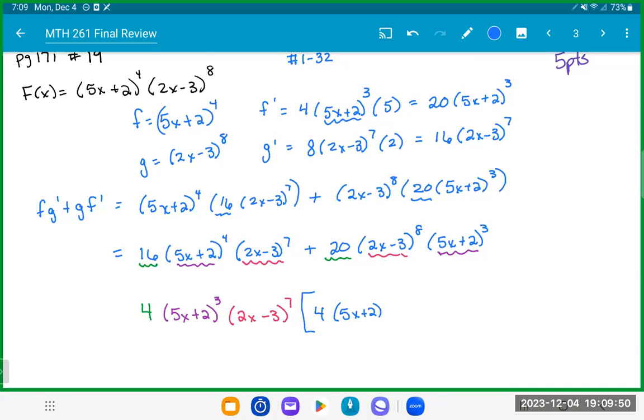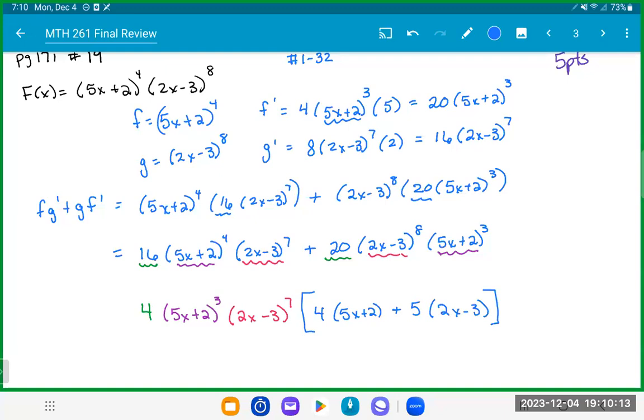Okay, now we do the second term. So plus, when I pull 4 out of the 20, that leaves me with 5. And it'll leave me with 2x minus 3 to the 1 power. And then I pulled out all of the 5x plus 2.